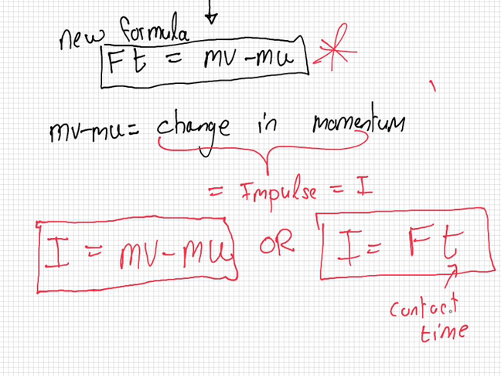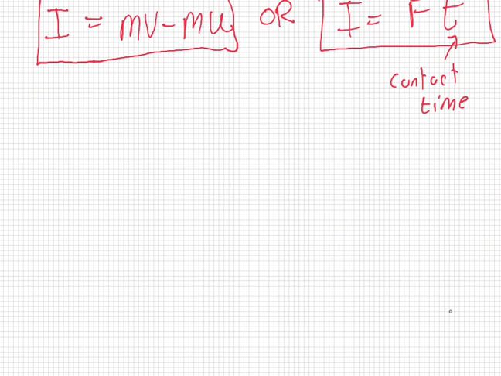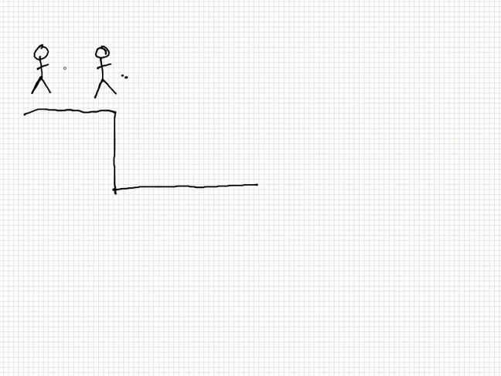Let's do a small example with impulse, an example that I like. Can I scroll down? Okay. Let's take an example here. Here is Mo, and that's me, and then Mo is late for class again.